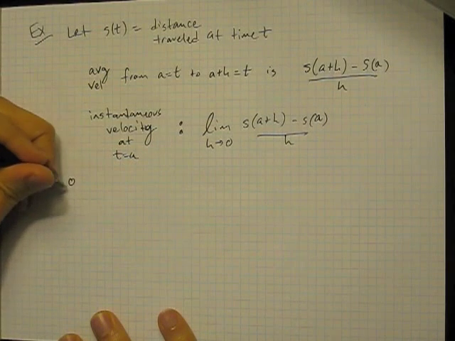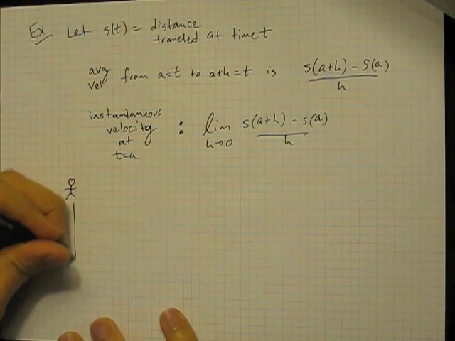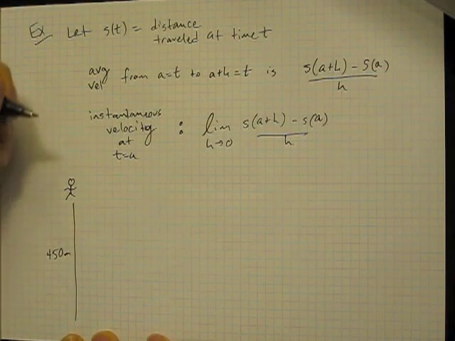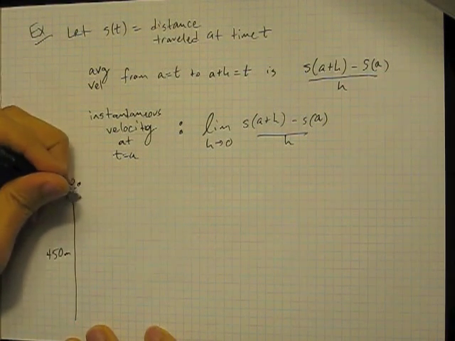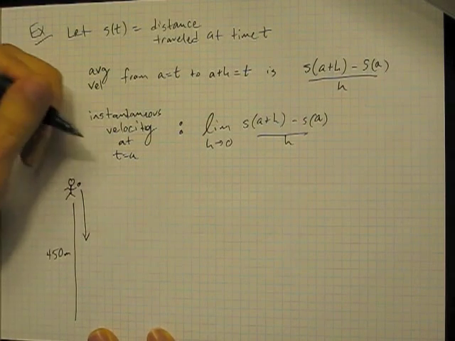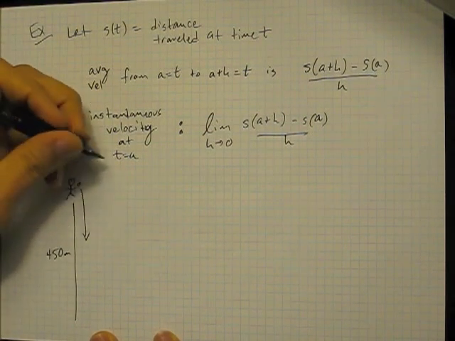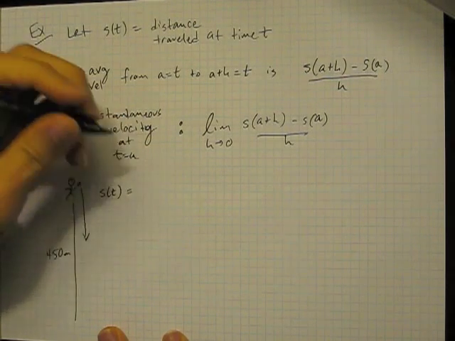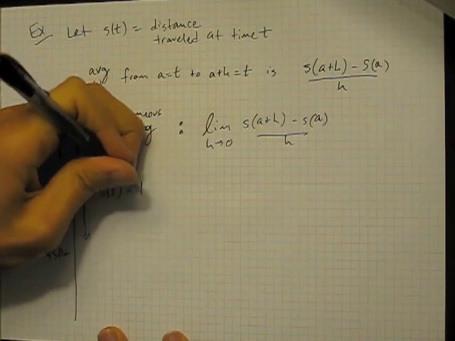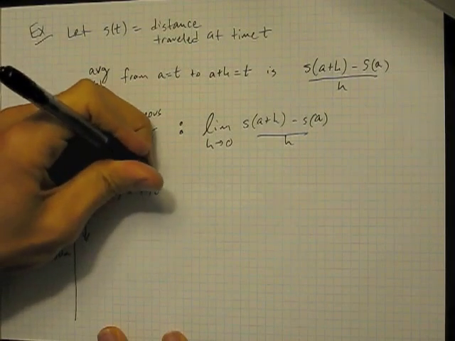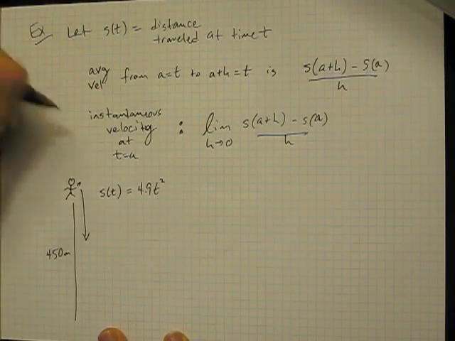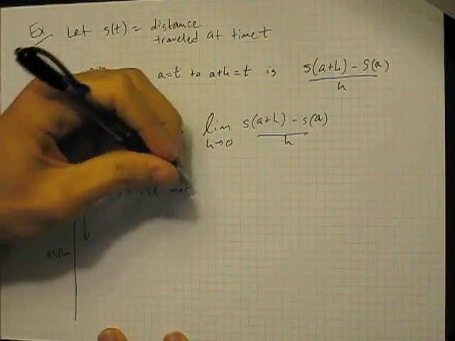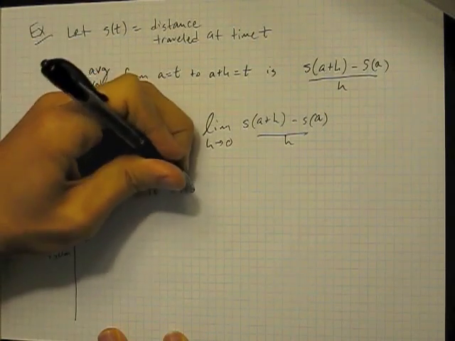Okay, so let's do a problem in this. So here's a person, and let's say they're 450 meters up. That's quite a long distance, so be careful. And they throw or toss or just drop an object from here, and we're going to ignore air resistance. So it's well known that the distance traveled under these circumstances by this object at time t is 4.9 times t squared meters.